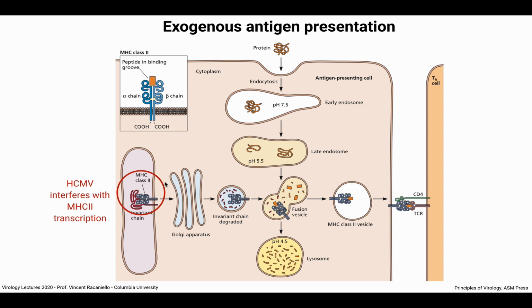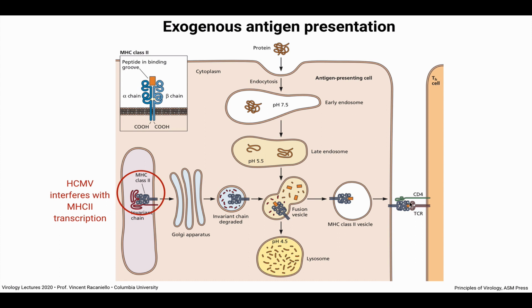Meanwhile, the MHC class 2 molecule is translated in the rough ER. It's transported through the Golgi apparatus and eventually reaches the late endosome, where it picks up a peptide, and then the MHC2 molecule with the peptide is transported to the surface. So now we have MHC2 on the cell surface with a peptide, the orange block. If this is a dendritic cell, that's the process happening in the dendritic cell to present the antigen.